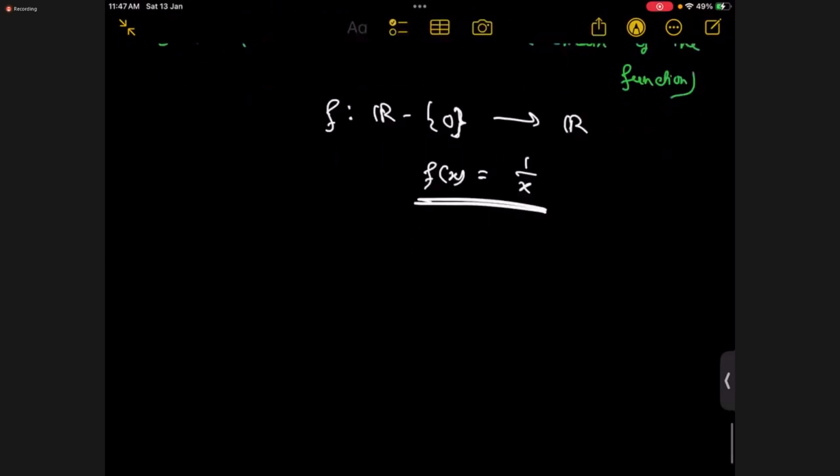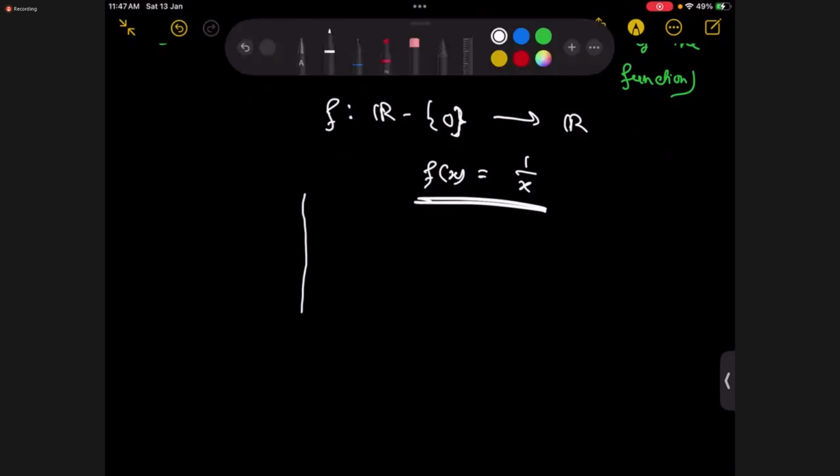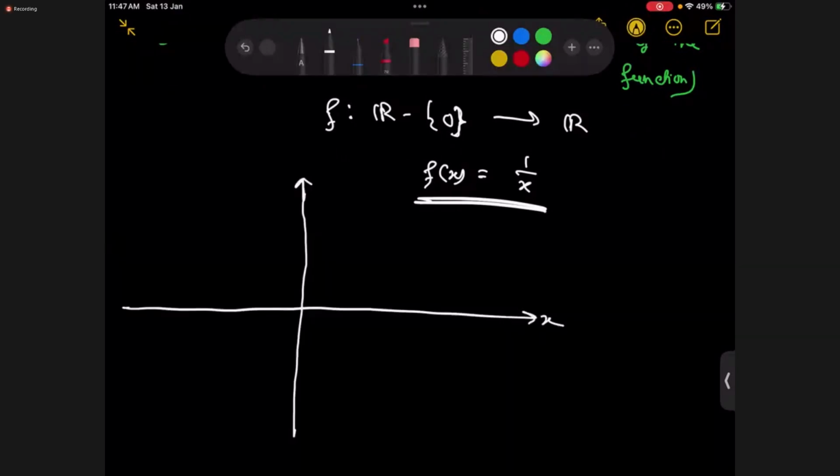So if I draw the graph of this function, what will it be? It is a very interesting thing. If I draw this graph, this is our x-axis, this is our y-axis. 1, 2, 3, 4, 5, minus 1, minus 2, minus 3, minus 4, minus 5, and so on.